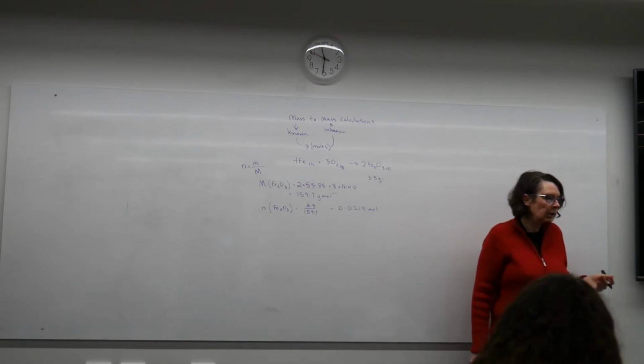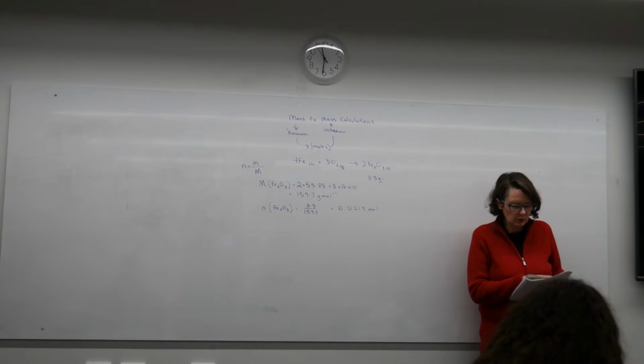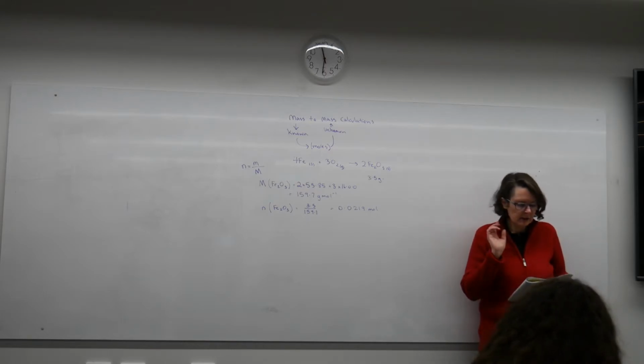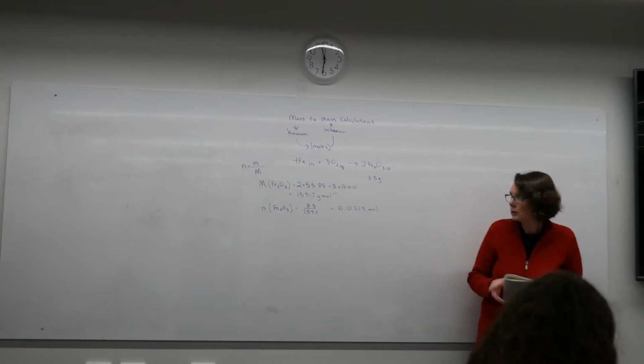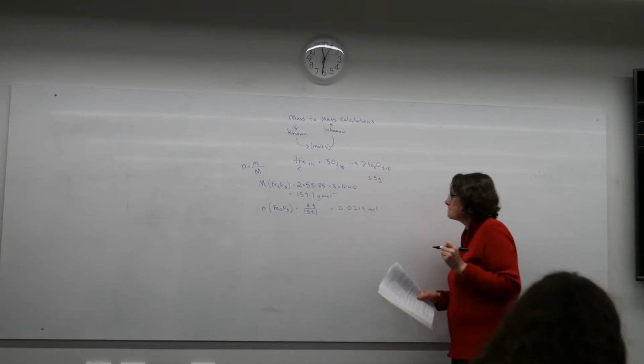Okay, now I know how many moles of iron oxide I want to make. I'm going to just look back at the question to remind me what I'm supposed to be finding. It's the amount of iron that I need to find. That's what I'm trying to find.